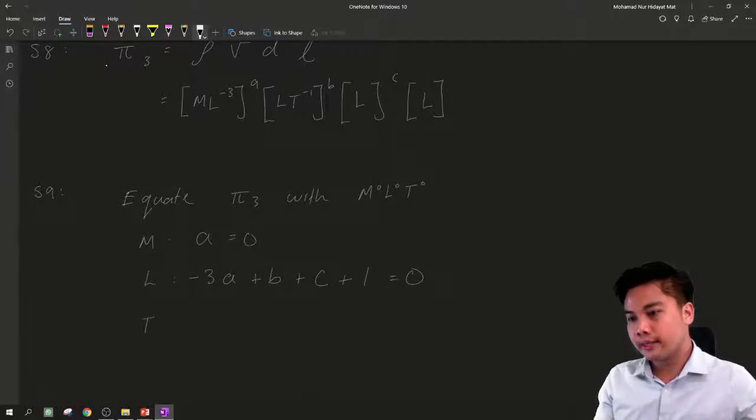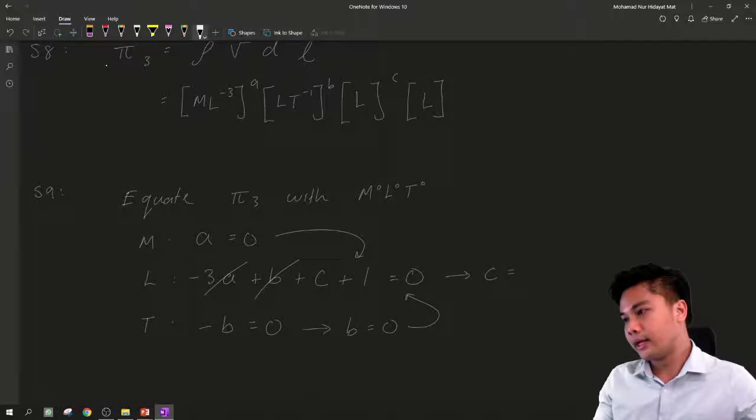And we look at T. We don't have T here, but we have T here, negative B equal to 0, and it turns out B equal to 0. Substitute in this part and this part: A equal to 0, and B equal to 0, and finally, C equal to negative 1.